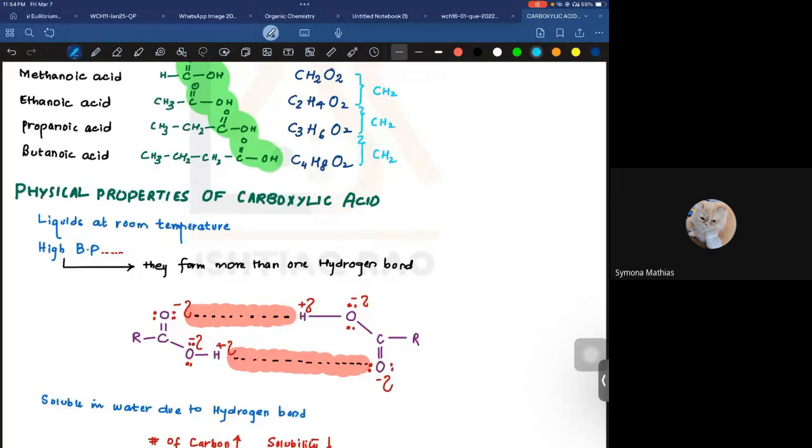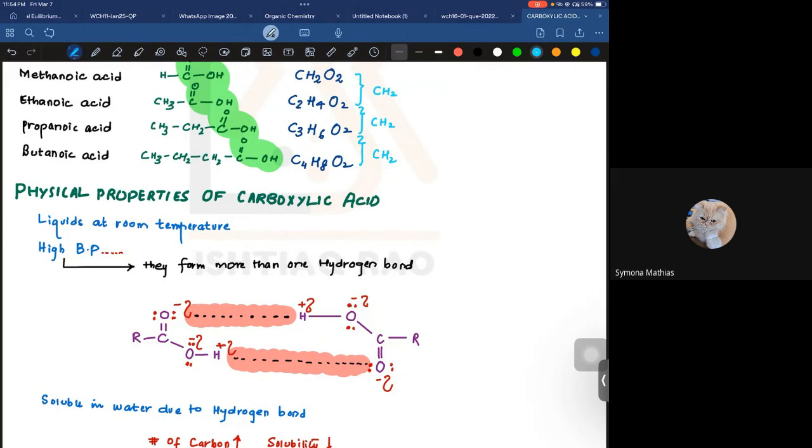There are three types of intermolecular forces of attraction, which we have discussed in chemical bonding. The first one was ID force, which can only exist in non-polar molecules, and is the weakest intermolecular force. The second type is permanent dipole, which only exists between polar molecules, like alcohol.